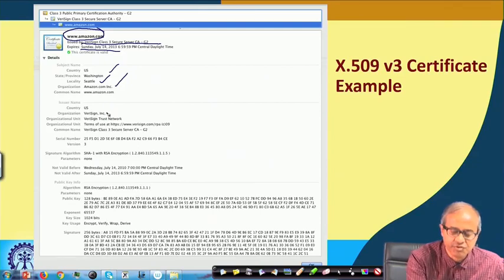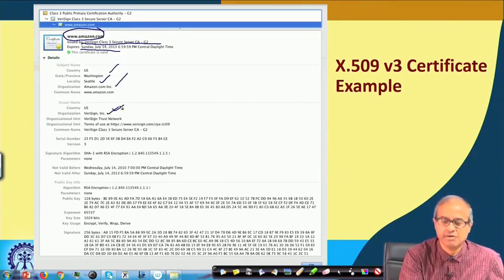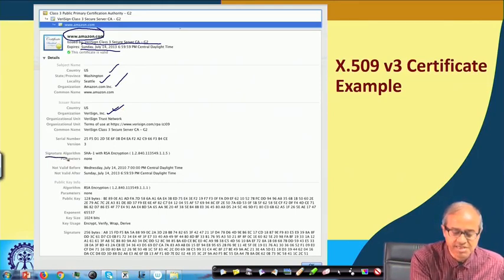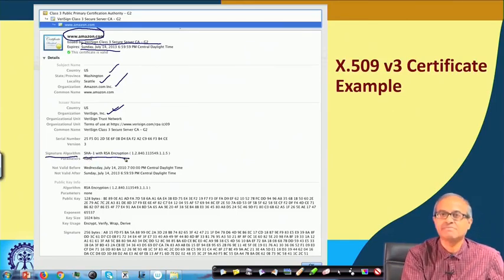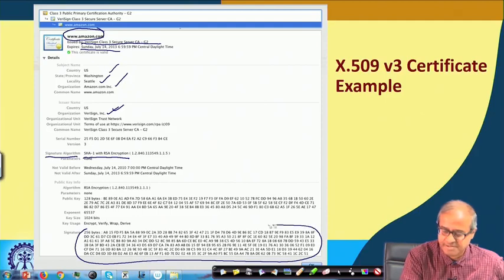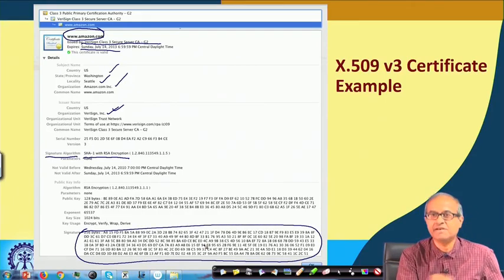VeriSign is the one who signed on that behalf, and what signature algorithm is used? The signature algorithm is SHA-1 with RSA encryption. It mentions clearly what algorithm is used. At the end, this is the signature. You can verify the signature from here, right.